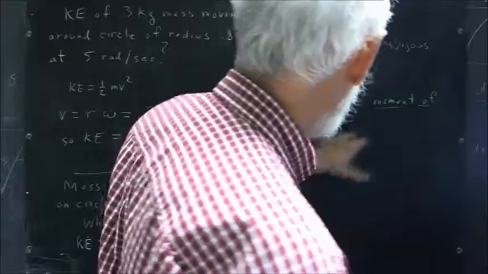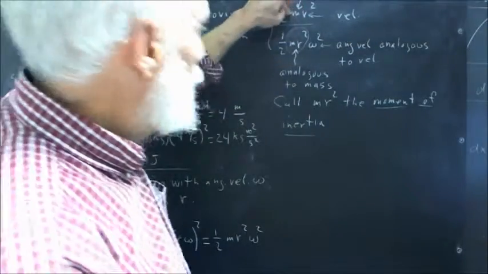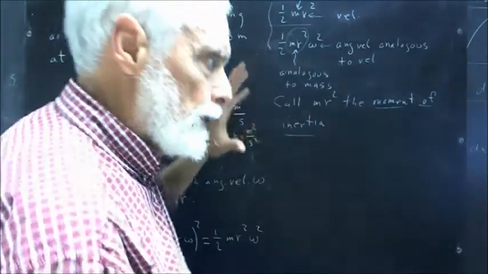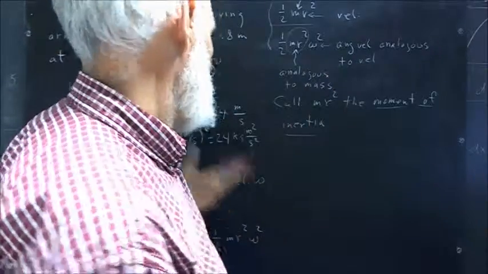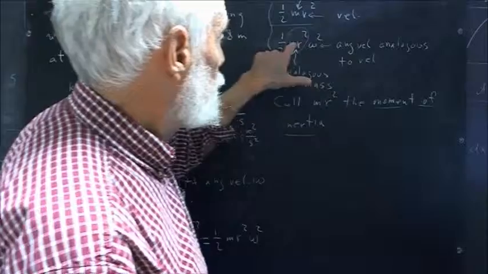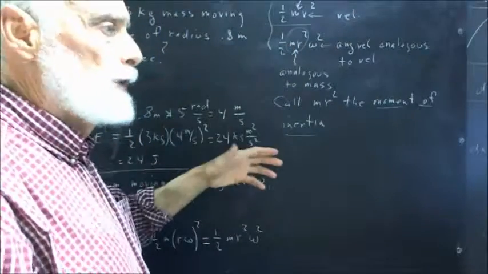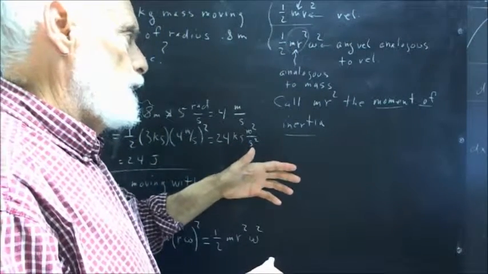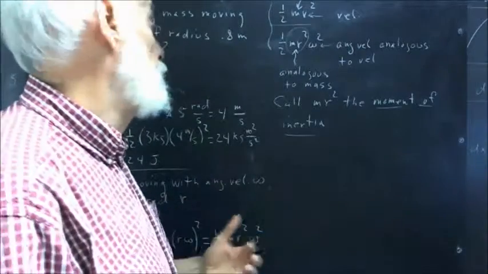So the moment of inertia, well, inertia, mass is inertia against acceleration in any direction. Mr squared is what you think of as resisting the influence of a torque or a moment.